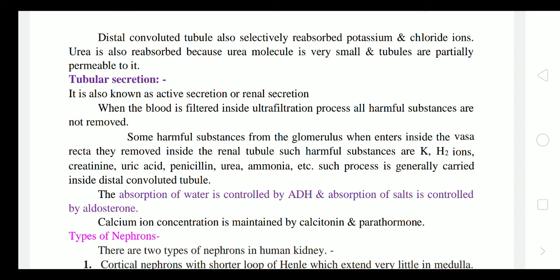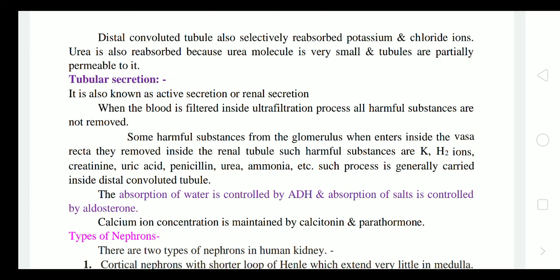Tubular secretion. It is also known as active secretion or renal secretion. When the blood is filtered in the ultrafiltration process, not all harmful substances are removed. So all harmful substances which remain in the blood when it enters the vasa recta are removed inside the renal tubule.